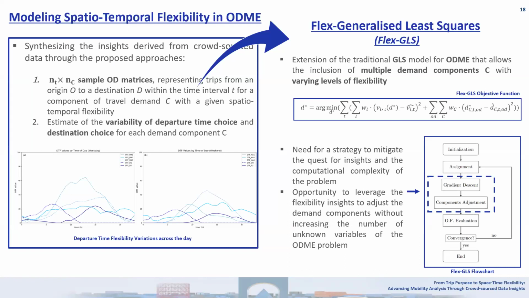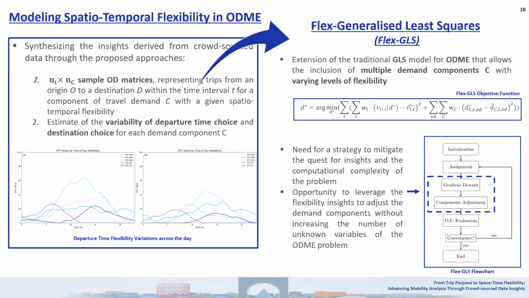In particular, we propose an approach that is a direct extension of traditional generalized least squares models, where the objective is to minimize an objective function that takes into account the difference between traffic counts and the flows obtained from assigning the historic seed matrix over the road network, and then minimizing the difference between this seed matrix and the matrix that we are estimating and that we want to obtain.